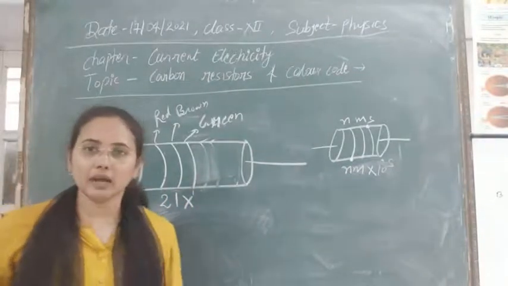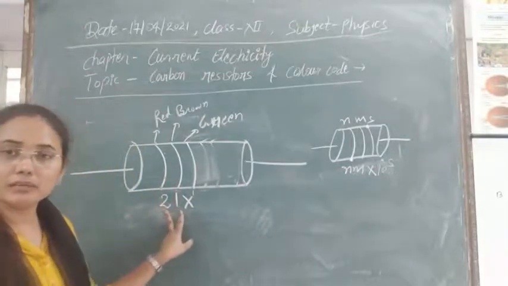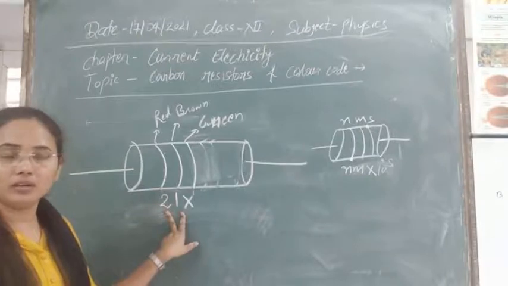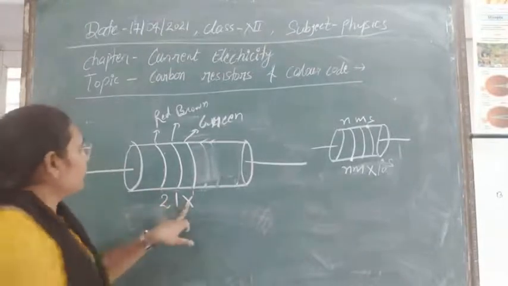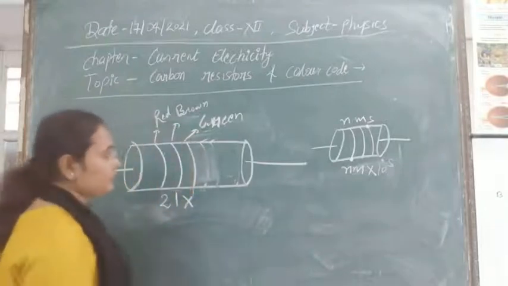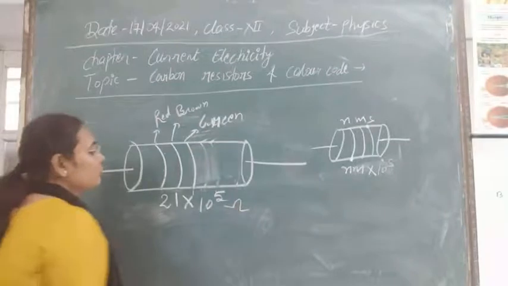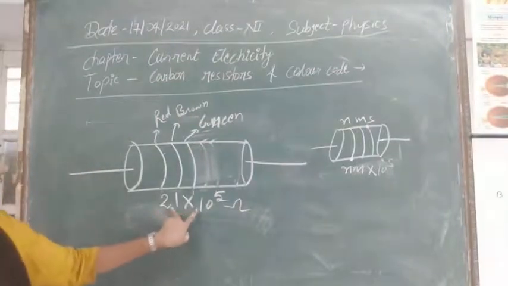One more thing you have to understand: you have to write only these 2 values here. So this will be 21, not 2. So this is 21 into, for green color we have the number 5 and its multiplier is 10 to the power 5. So this is the value of resistor that we have written.